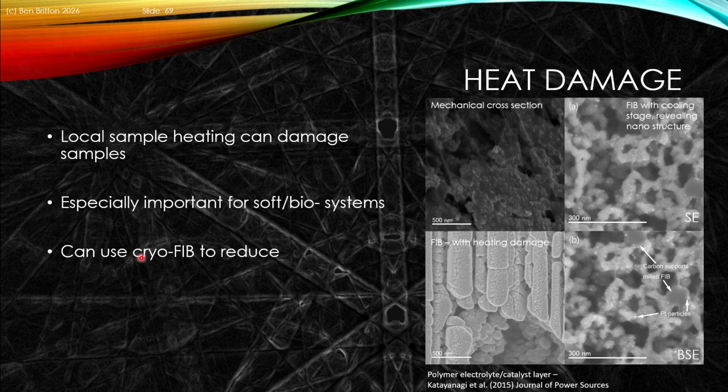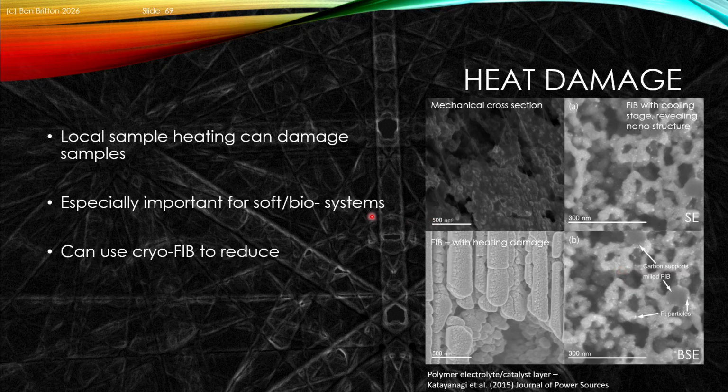In some materials, we can also get localized heat damage associated with the primary ion causing phonon interactions, which cause local heating, and that local heating can cause damaging of the surface. This is important, for instance, this is looking at a polymer electrolyte with a catalyst layer, and effectively there are very fine platinum particles in the catalyst, but if you don't do this properly, and there is heating damage, you can get restructuring of the polymer, and you can see that the platinum can start redistributing and mess up what's going on.